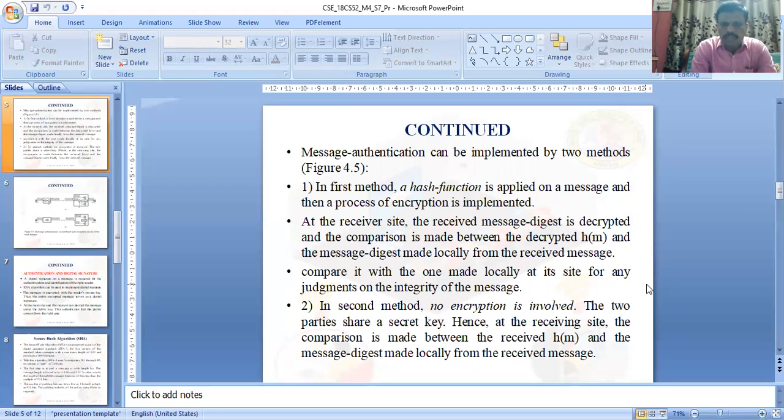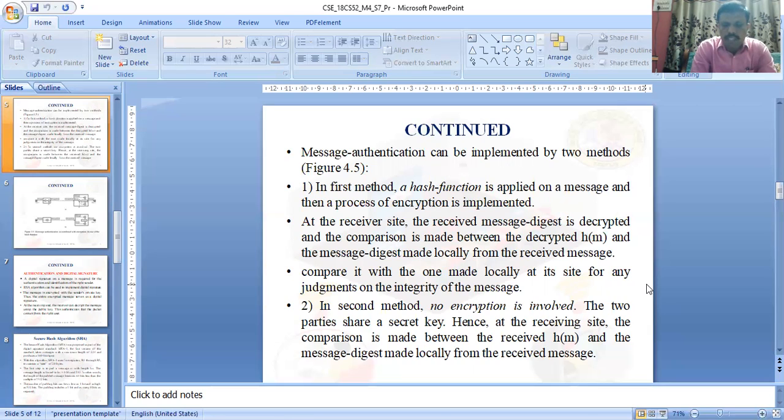At the receiver side, the received message digest is decrypted and compared; it is the conversion of ciphertext back again, because the hash function was already applied. The comparison is made at the receiver side, and a message digest is made locally from the received message. Comparing it with the one made locally decides the integrity of the message, meaning the originality of the message has not changed.